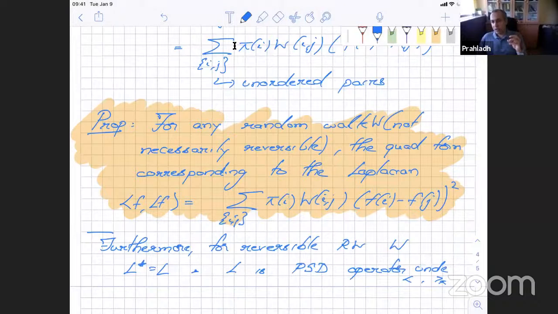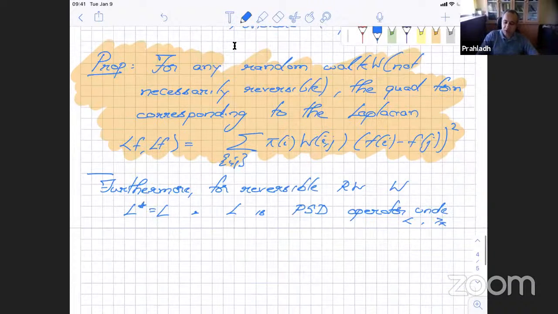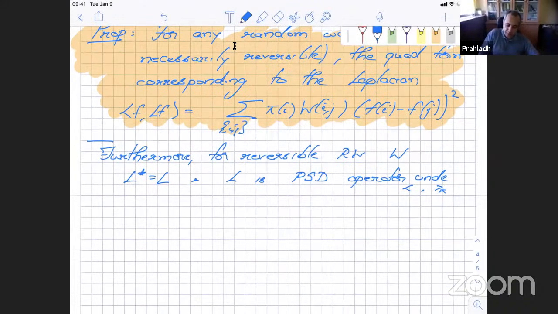All eigenvalues, whatever they are, have to be non-negative. Therefore, in particular, the minimum eigenvalue has to be non-negative. I want to claim the minimum eigenvalue is actually 0. The corresponding eigenvector is the all ones, a constant eigenvector. But this is something we don't need this theory for, since it holds for reversible random walks.